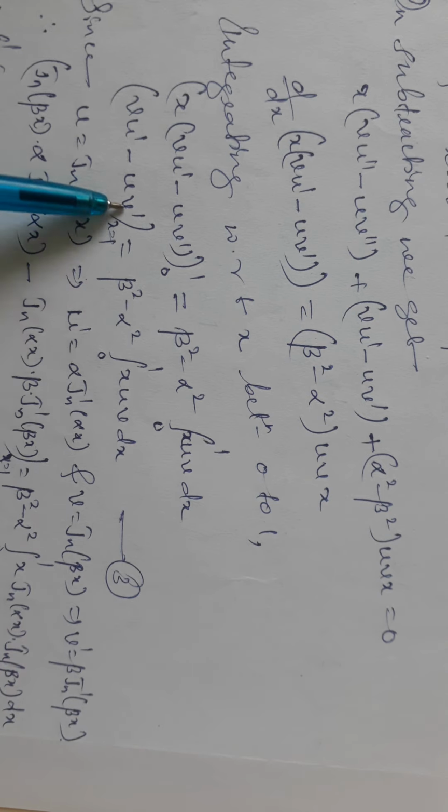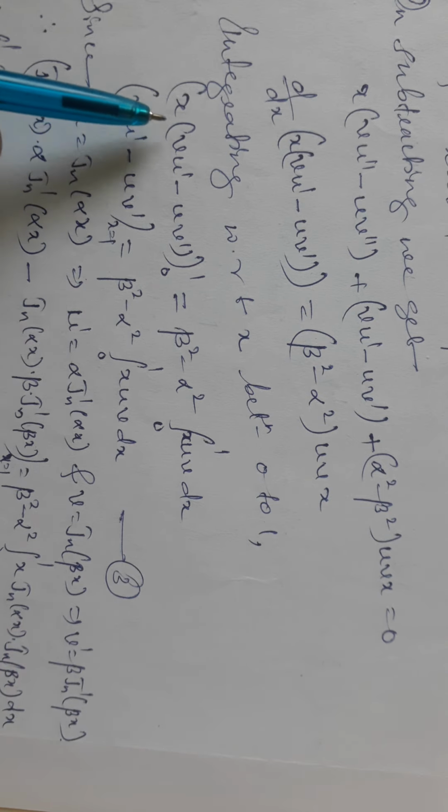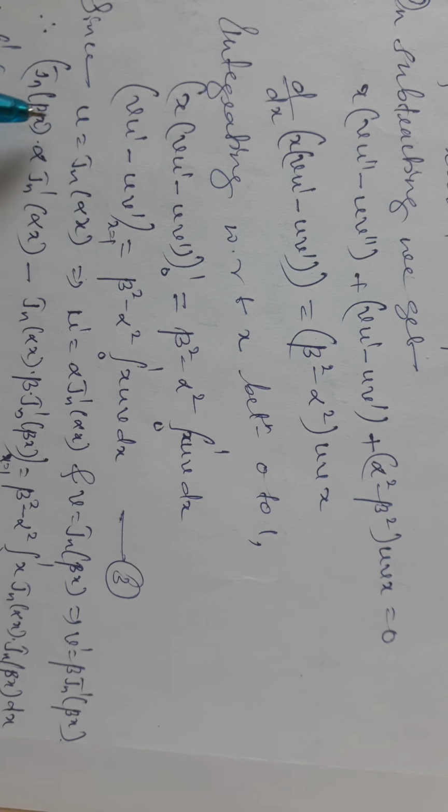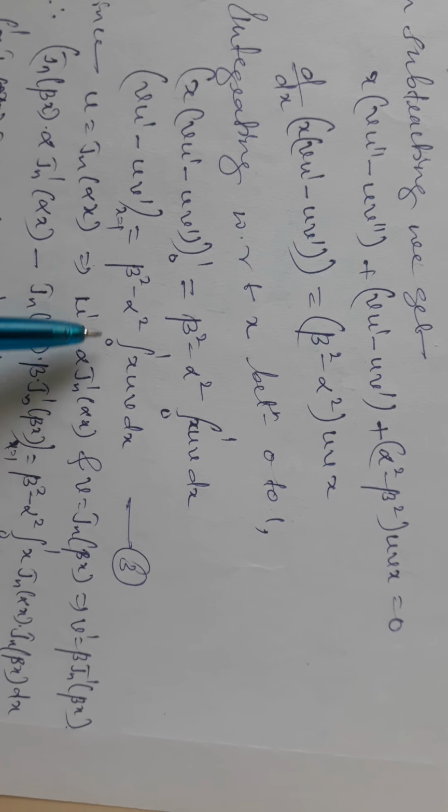Then equation number 3 becomes Jn(beta x) alpha Jn'(alpha x) − Jn(alpha x) beta Jn'(beta x) = (beta² − alpha²) times the integral from 0 to 1 of x Jn(alpha x) Jn(beta x) dx.